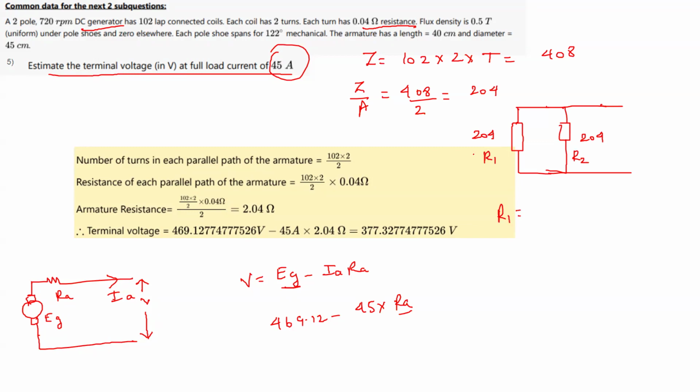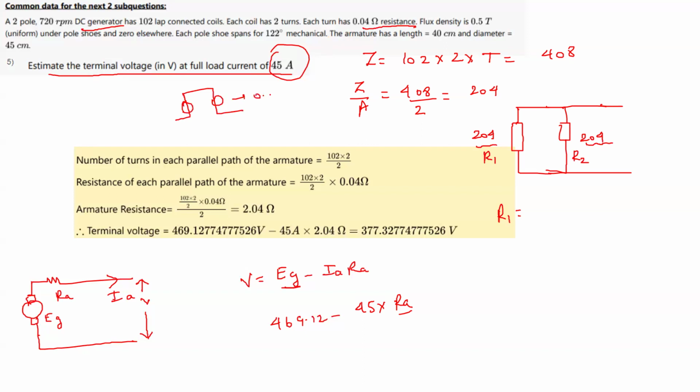They're saying that each turn has 0.04 ohm resistance. Here we have the number of conductors, but they're giving the information in the form of number of turns. In 1 turn you have 2 conductors.